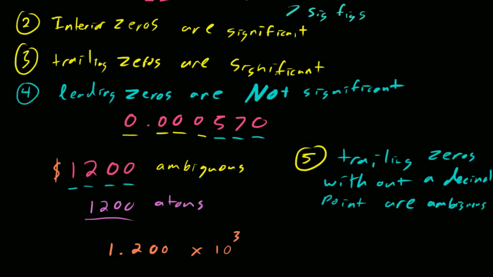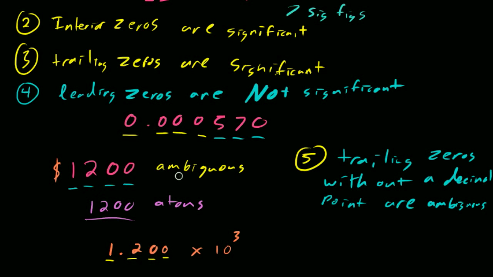Because now we've written this out so that every single digit we write out before we multiply times 10 to some power is going to be a significant digit. So if we knew that we had all four significant figures in our figure for 1200, we would say this is 1.200 times 10 to the third.